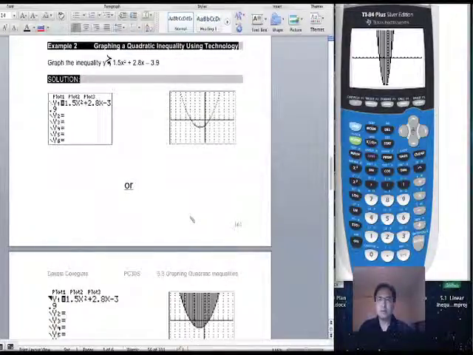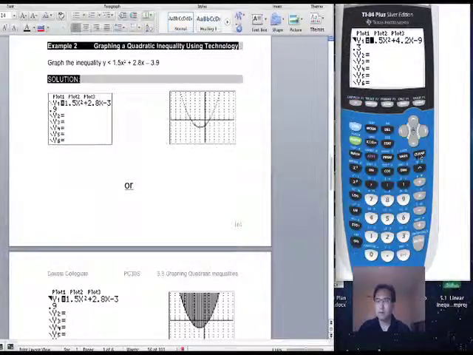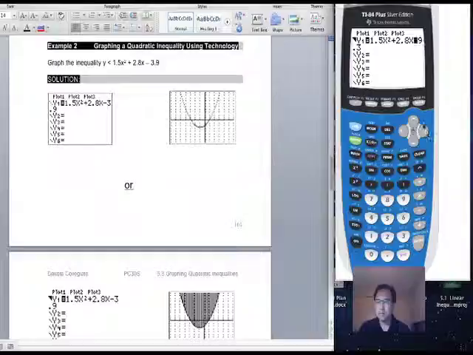So what I'll do is I'll press y equals. Clear the old equation out. Well, actually, this is 1.5x squared plus 2.8x. Also notice over here I've got a greater than symbol, which is what we want.